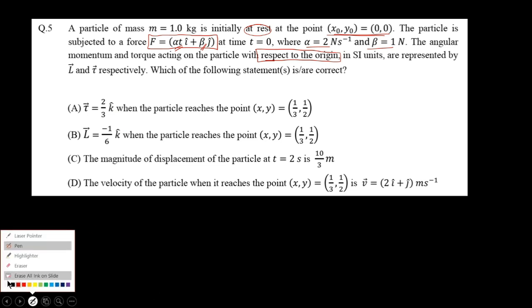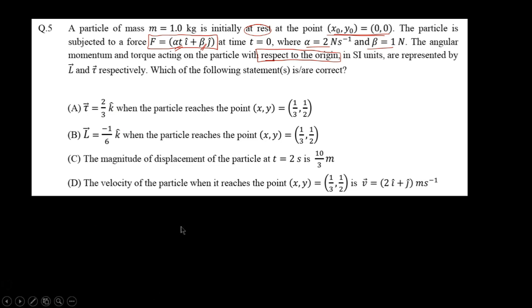First we will analyze the given force. The force value is given as alpha t i cap plus beta j cap. That means 2t i cap plus beta value is 1, simply j cap. From this I can write the acceleration along the x axis as force along x by mass.